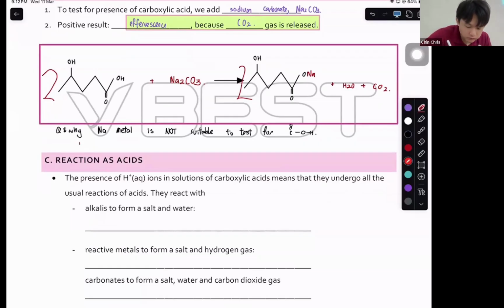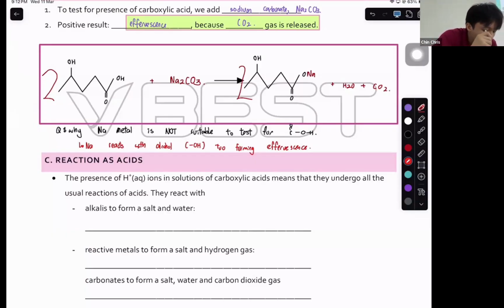So Na reacts with alcohol too. So which is why we don't use sodium to test for carboxylic acid. Because if you have an alcohol, it's going to react with alcohol too. Good job. All right, guys, write it down.